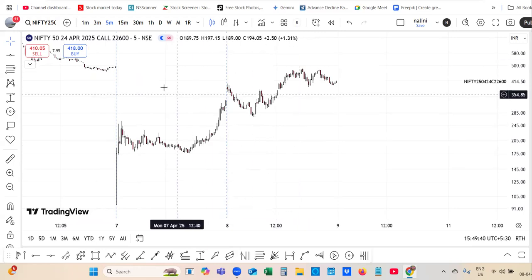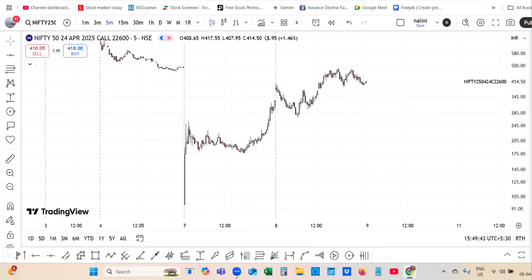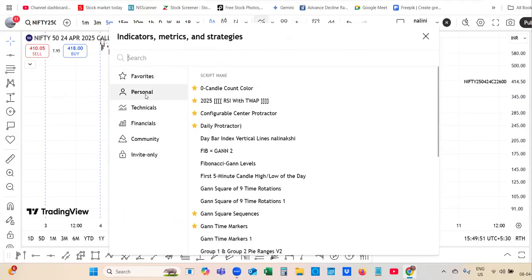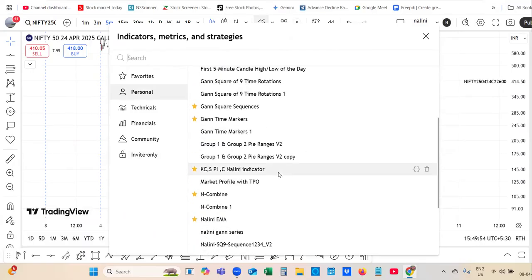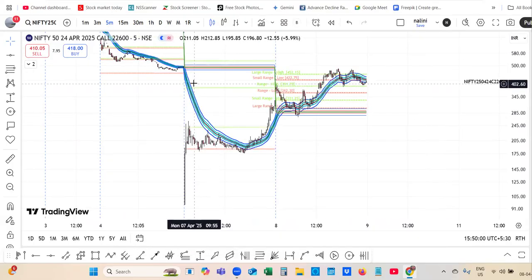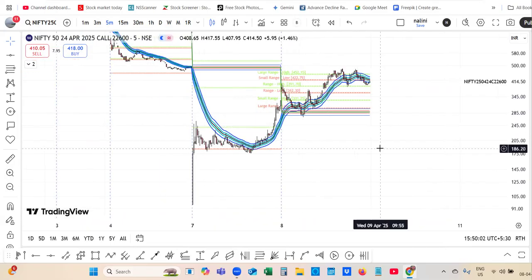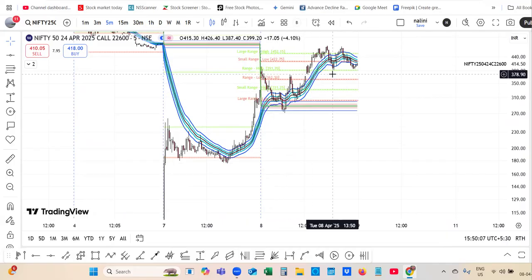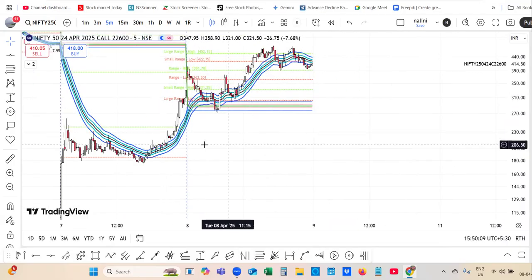Let me enable my indicator. You can see these are all the pi levels. This is the Keltner channel. See, exactly it came down to this.